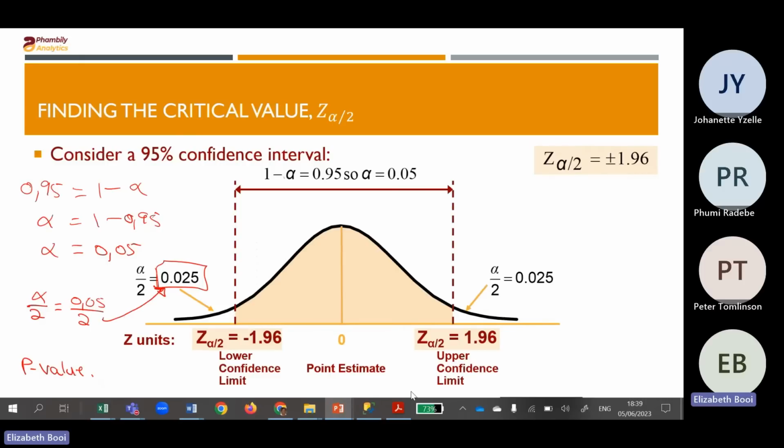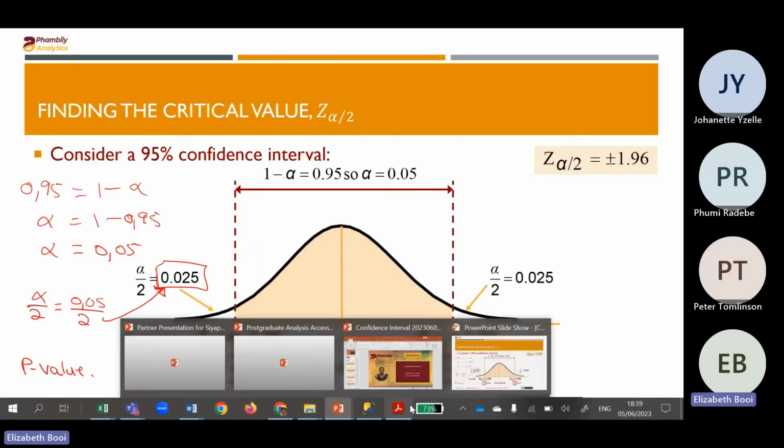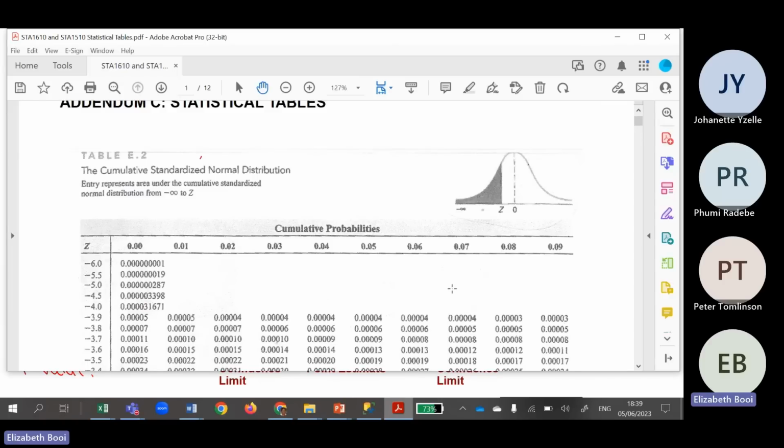All right, so how do we then find the Z value? Previously, we would calculate the Z value and use it to find the probability. Now we need to come inside the table and find a value of 0.0250.